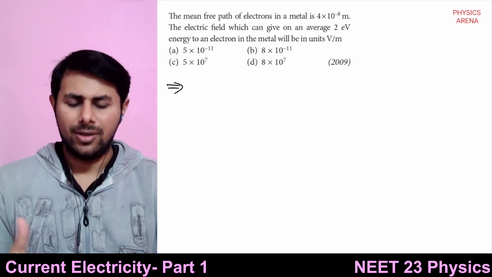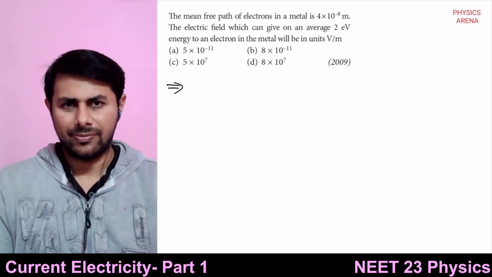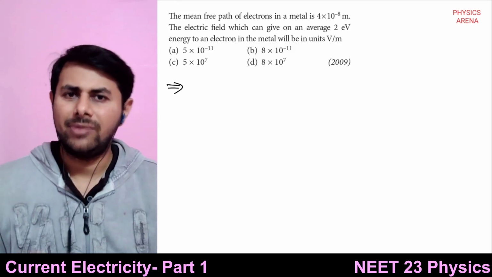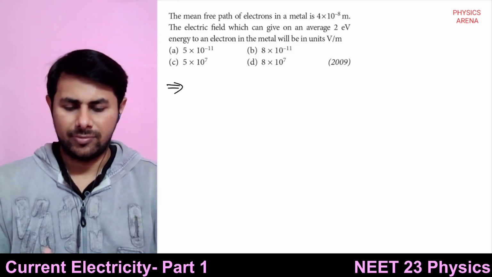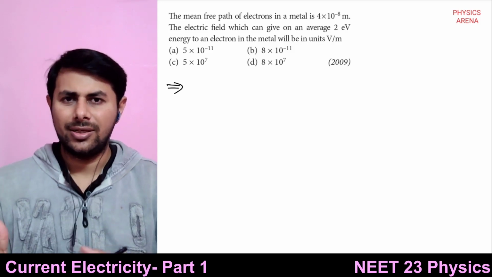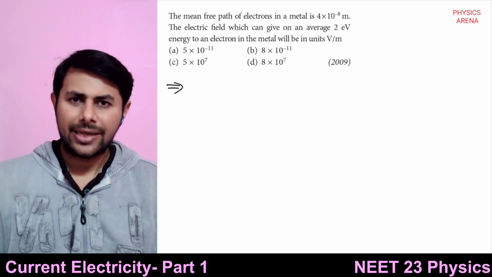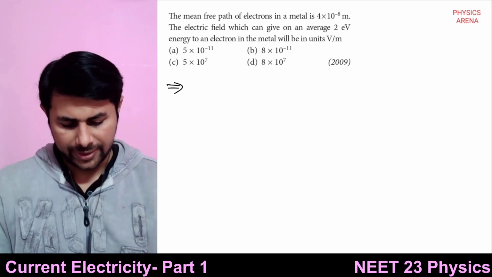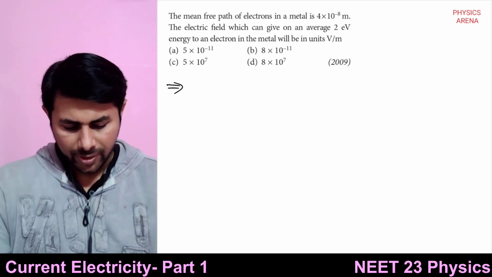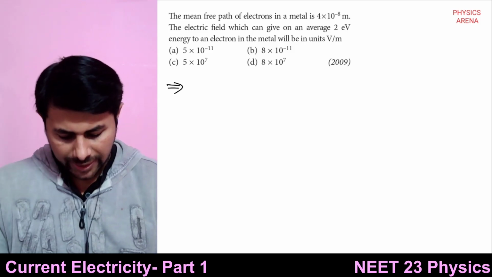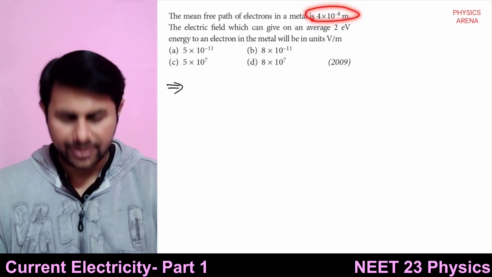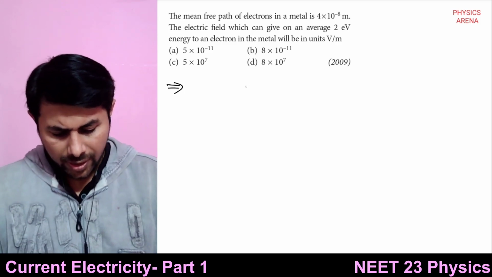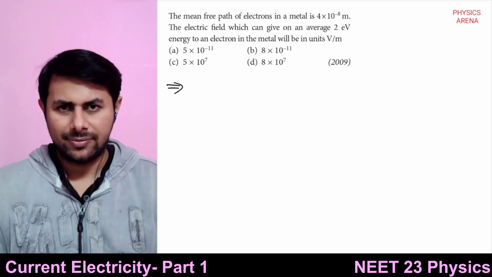So maybe when it collides for the first time, the distance is something. Let's call it S1. For second time, it's S2. Okay, between first and second collision, it is S2. Then it is S3. So average of those distances is suppose S. So on an average, we can say electron gets this much distance to travel before it collides.